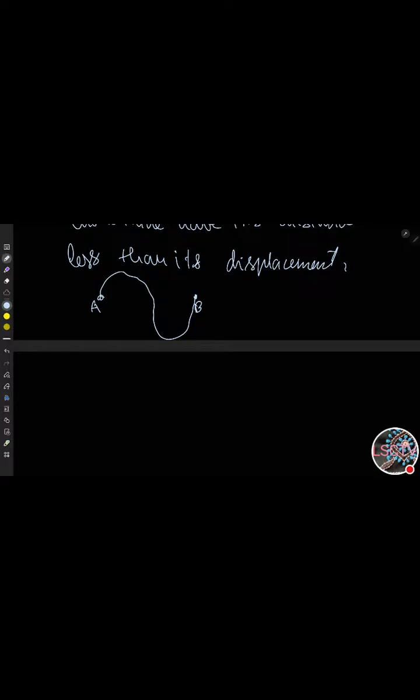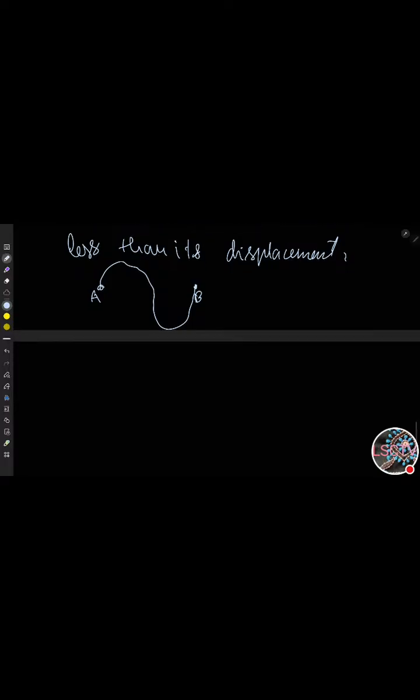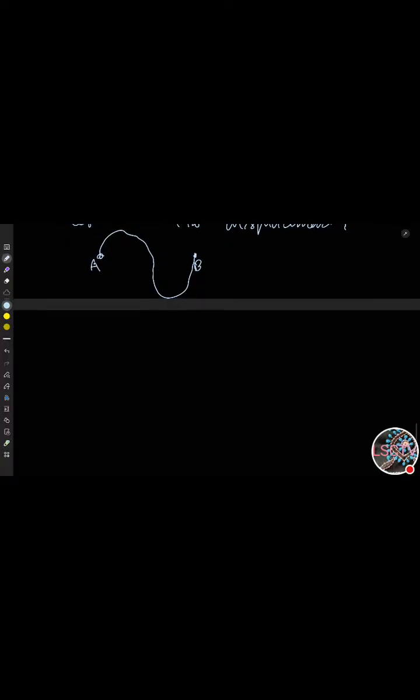So when you're traveling in a straight line, displacement and distance are equal. But there is no possibility where the distance can be less than its displacement. There is no way that the distance is less than its displacement.